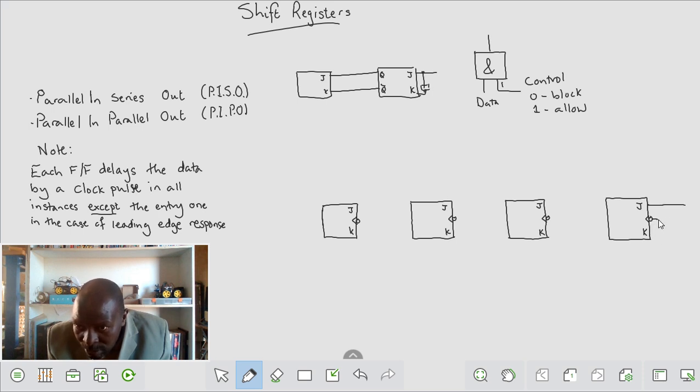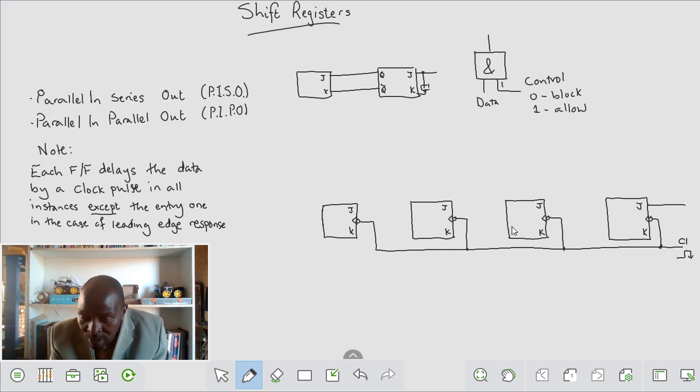The clock is a shift register, so our clock is still common, that doesn't change. That part is still common, okay? So this is still a common clock, and it's a master slave, so we show that the flip-flop will open on the, no, trailing edge.